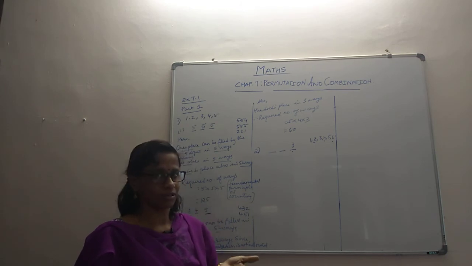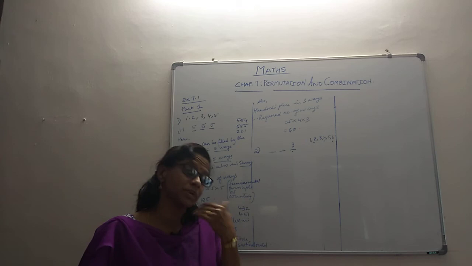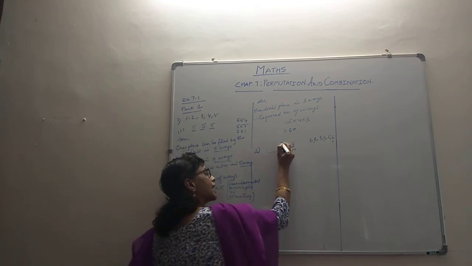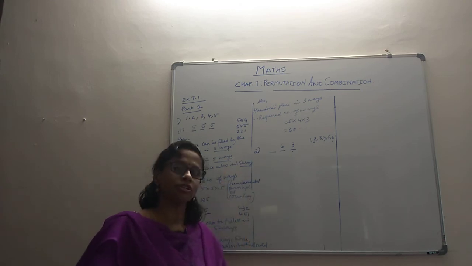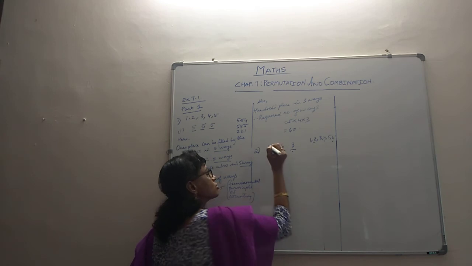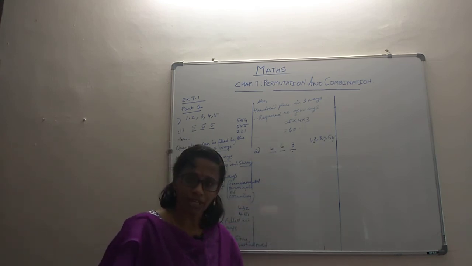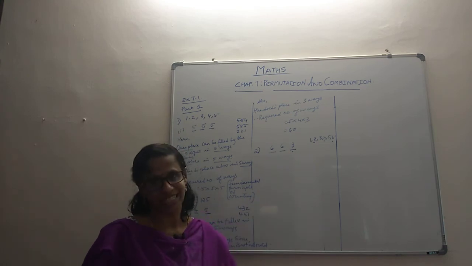Repetition is allowed, so we actually have a choice of 6 digits. You can fill any of the 6 digits over here. Having filled this, again you have the choice of 6 digits, there's no problem, you can repeat the digits. So the total number of ways of getting this number is 6 into 6 into 3. That is our total number of ways of doing this work.